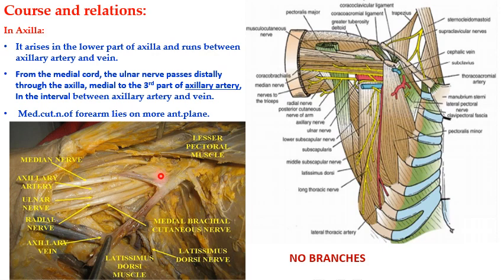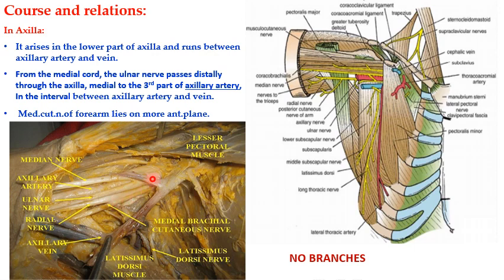Here we can very clearly see this is the axillary artery. Lateral to it is the median nerve. Medial to the axillary artery is the ulnar nerve. More medial to that is the medial cutaneous nerve of forearm.